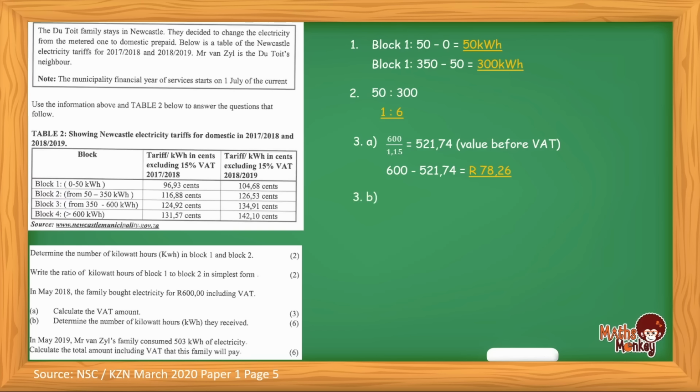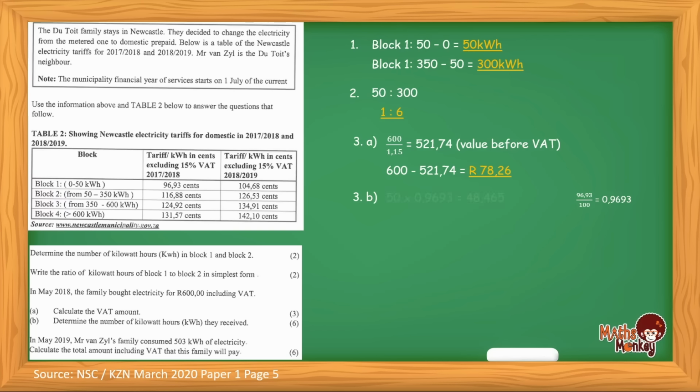Right, so let's go through it step by step. Let's first look at block number 1. In block number 1, we have a value in cents, and I'm dividing this by 100 so that I can do all my calculations in rands.